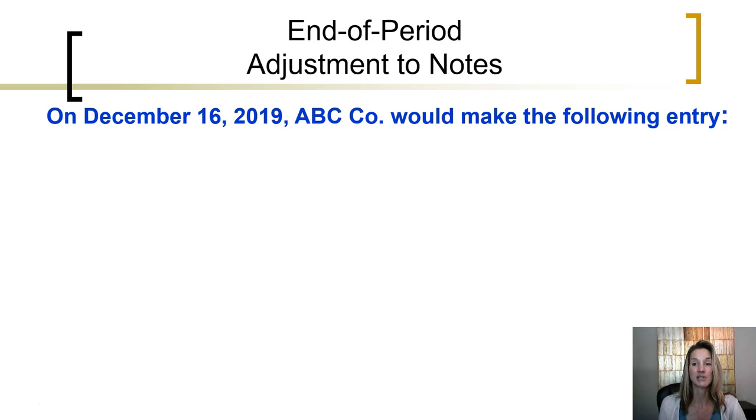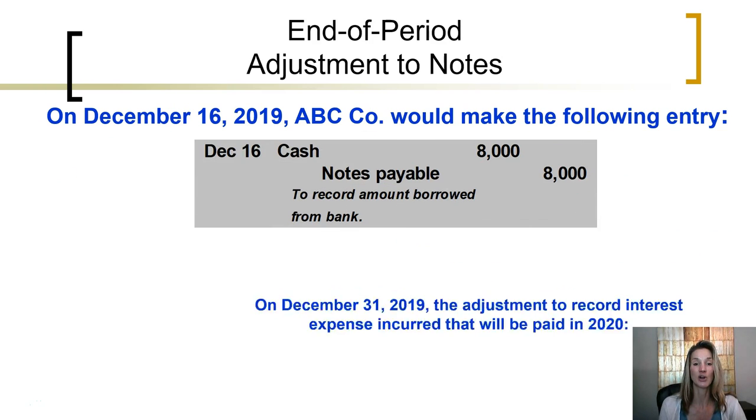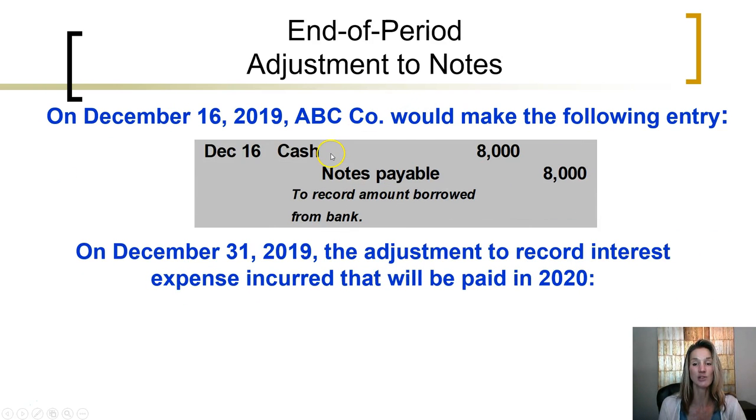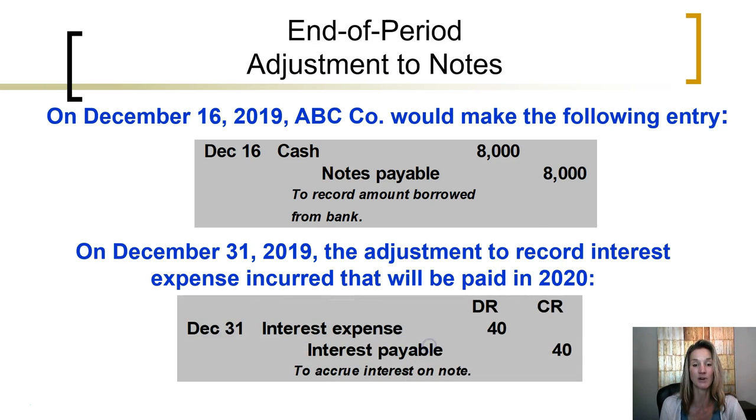On December 16th, when the note is incurred, the company would debit cash and credit notes payable. Then at the end of 2019, when they're preparing end of period adjustments, they would need to record an adjusting entry to accrue the interest incurred between December 17th and December 31st.